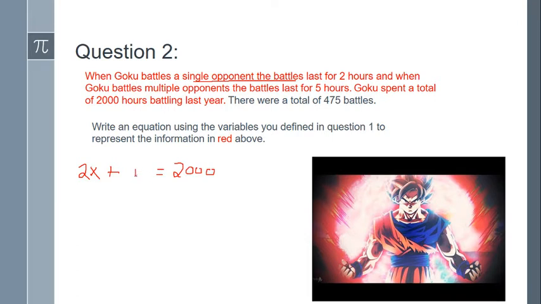If Y represents the number of battles for multiple opponents, then to figure out how many hours he spent, I would multiply that by 5 because each of those battles took 5 hours. Notice that I sum up the single opponent battles and the multiple opponent battles. This represents the hours for each, and we know that they add up to a total of 2,000 hours. So that's our first equation.